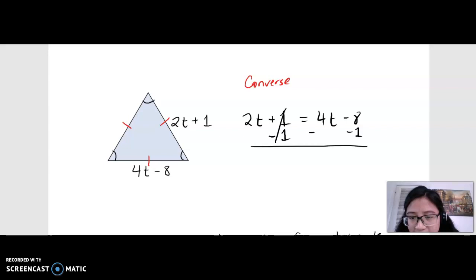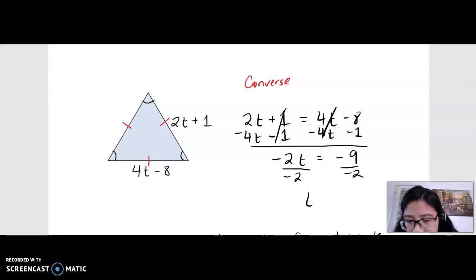So that crosses out, this crosses out. I'm getting all the t's on one side. And we would get a positive 9 over 2. If they ask us to find one of the sides, we can just plug this value into either of these expressions.